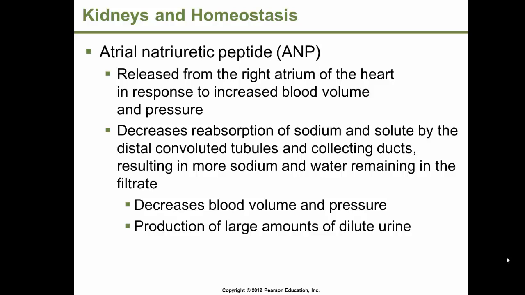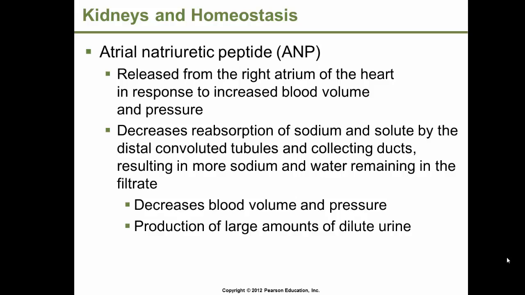If more sodium is excreted and not reabsorbed, then more water will follow the sodium, which will lower the blood pressure and blood volume, but it's going to produce larger amounts of dilute urine.